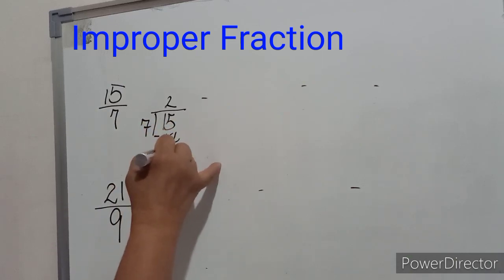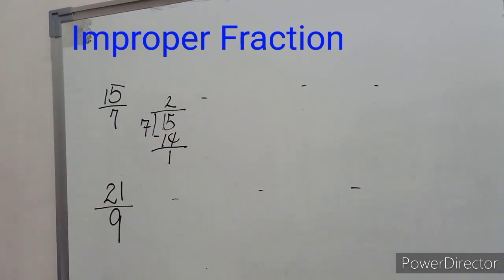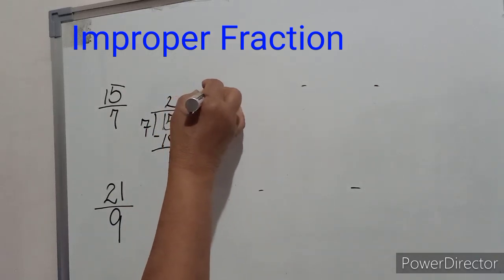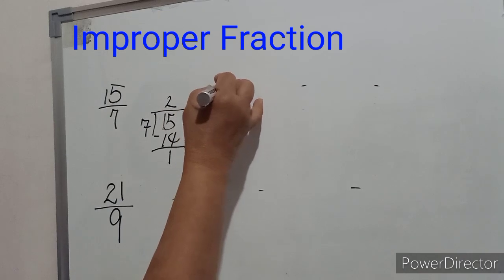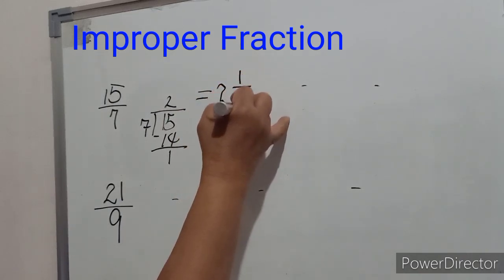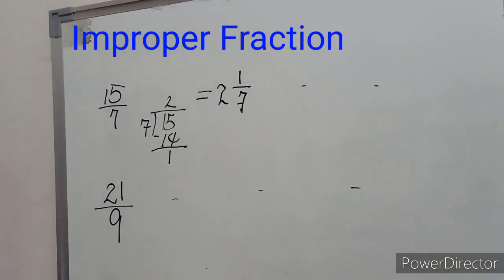We subtract, we have 1. 1 is no longer divisible by 7. So it will give us a result of 2 and 1 over 7.